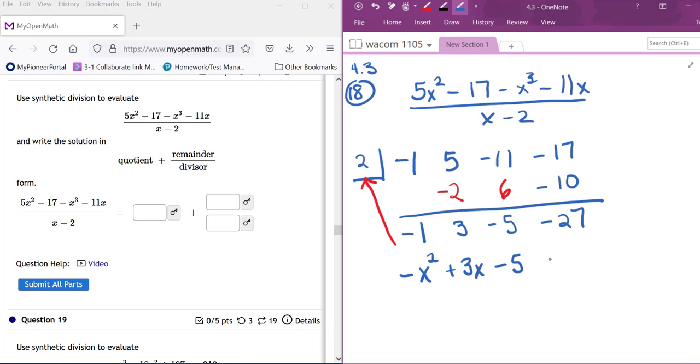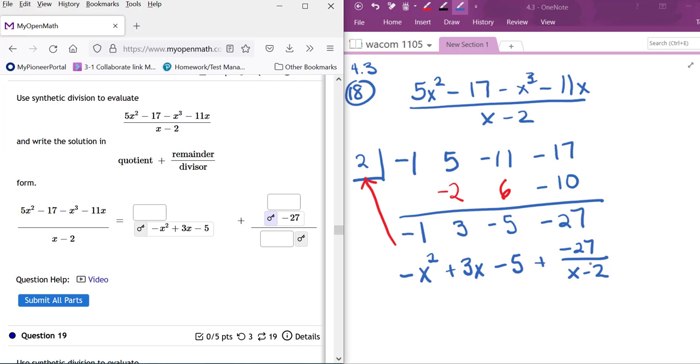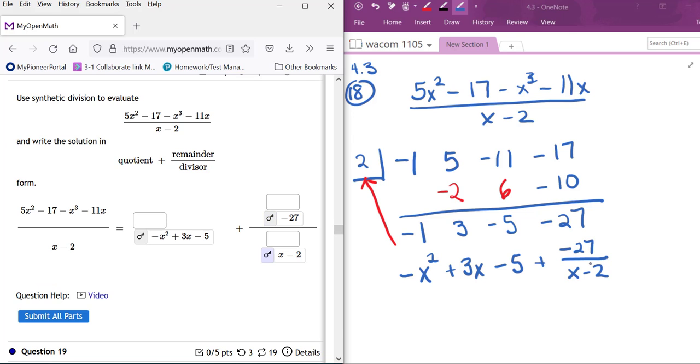They want the remainder as a fraction. It is -27. So plus a -27 over your complete divisor, x minus 2. So let's see if we have that right. -x squared plus 3x minus 5 plus -27 over x minus 2.